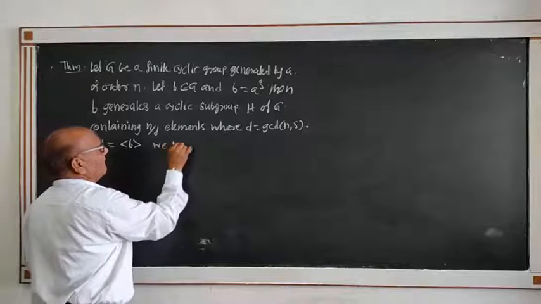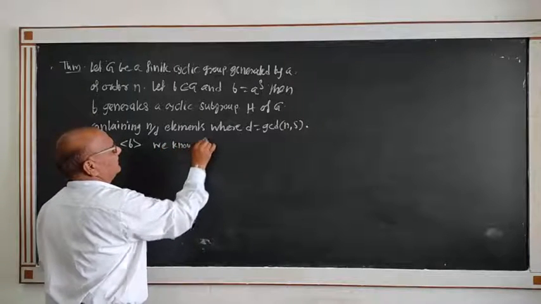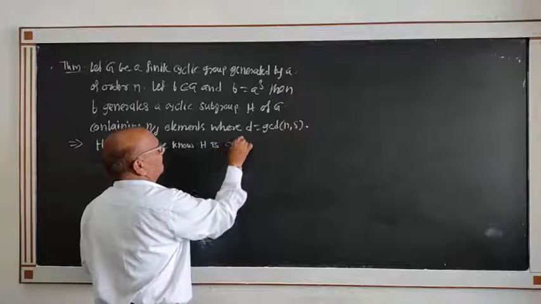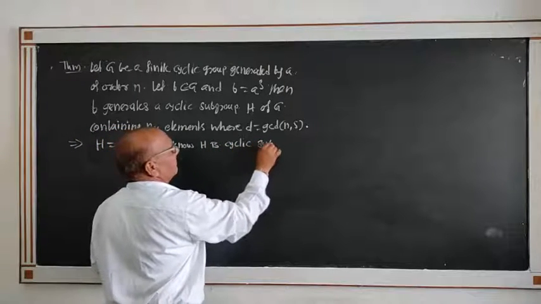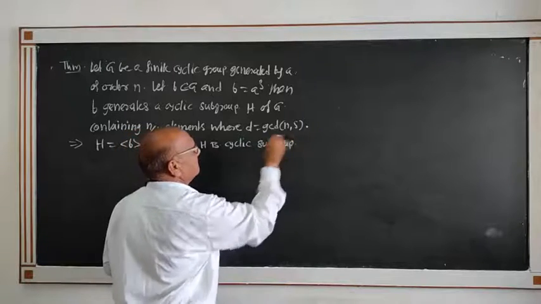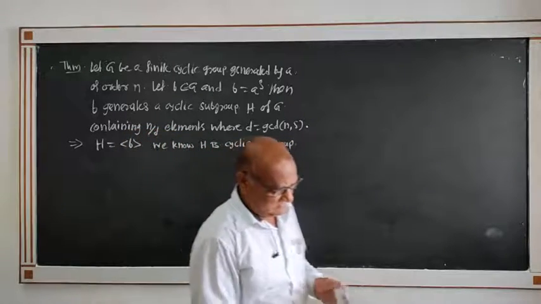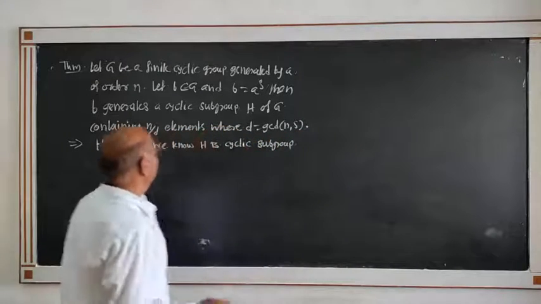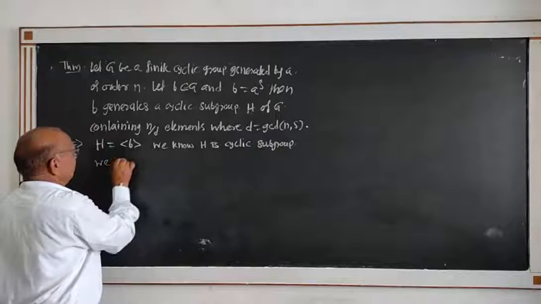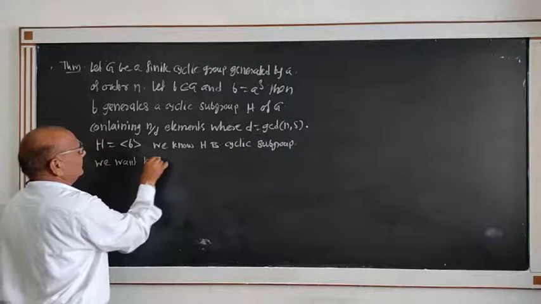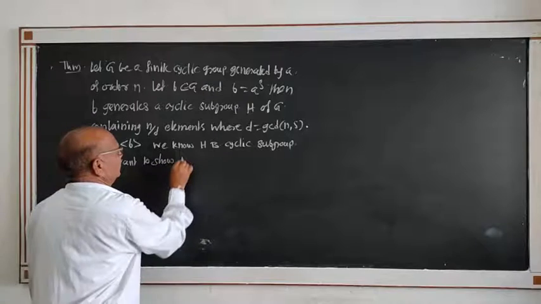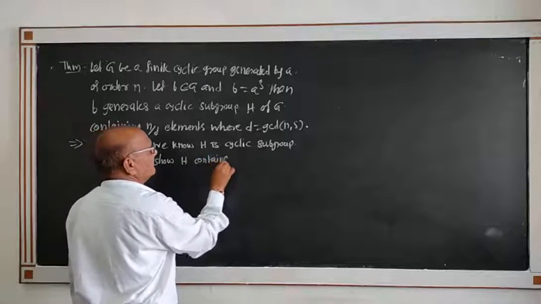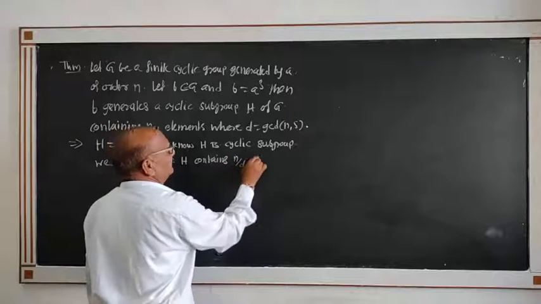We know H is a cyclic subgroup. We want to show H contains n by d elements.